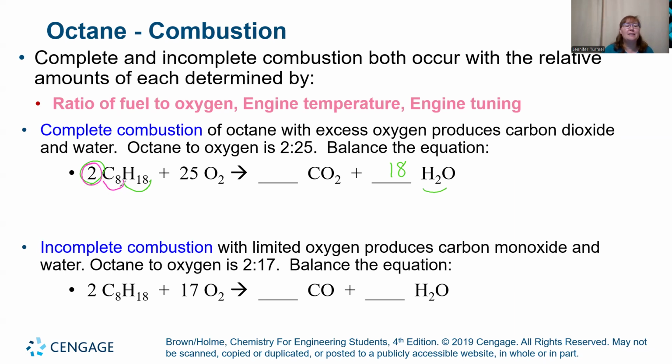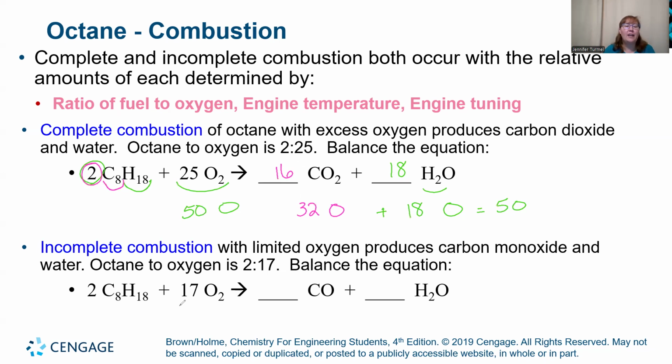Okay, so that gives us 16 carbons. So we'll put a 16 right here. And that means that we have 16 times 2, so from here, we have 32 oxygens. And from this one, we have 18 oxygens. And when we bring 18 plus 32 together, we'll get 50. And that is shown right here, 50 oxygens.